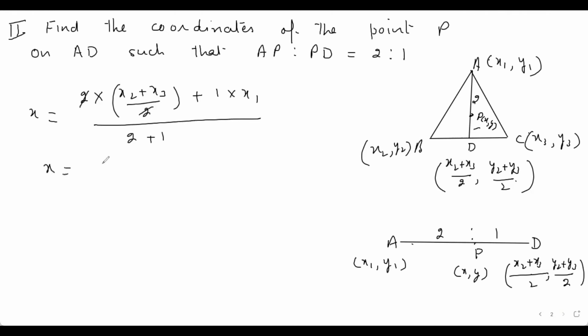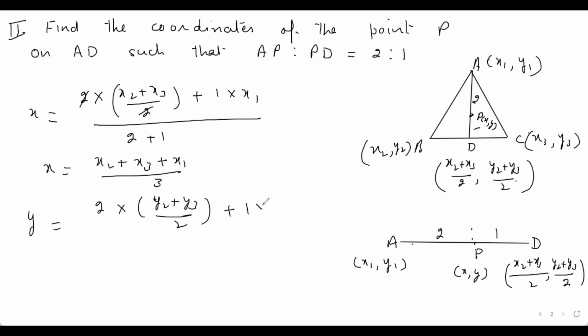So x is equal to x2 plus x3 plus x1 upon 3. y is equal to 2 multiplied by y2 plus y3 upon 2, plus 1 into y1, upon 2 plus 1. 2 and 2 cancel. So I have y2 plus y3 plus y1 upon 3.